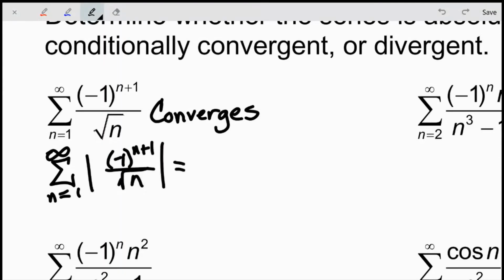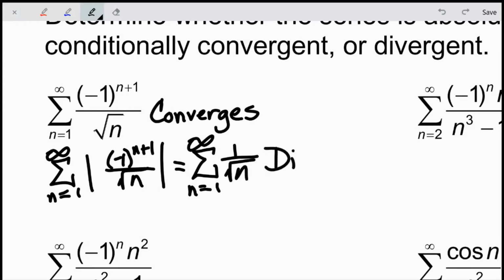Well, what that turns into is just the sum from n equals 1 to infinity of 1 over square root of n, right? And we know that that actually diverges. So notice that in the form I was given, it converged, but in its absolute form, it diverged. When we have this situation, this is referred to as conditionally convergent.